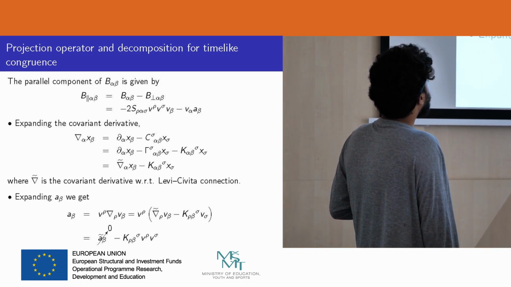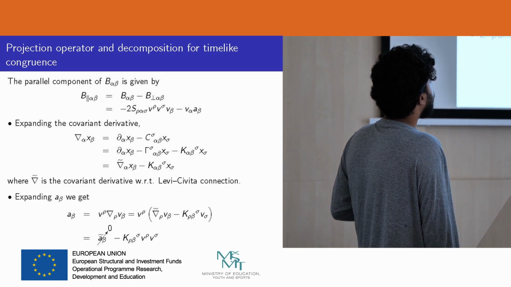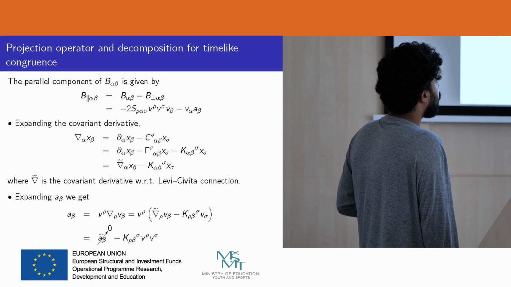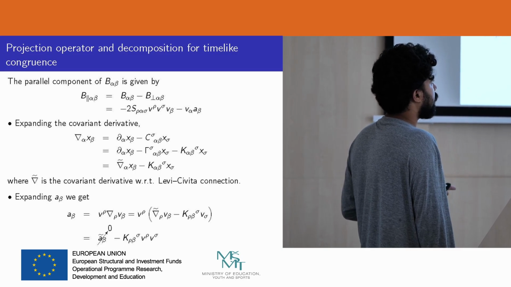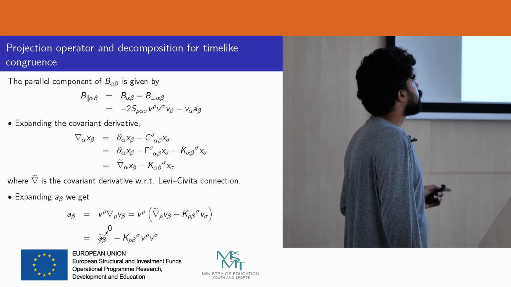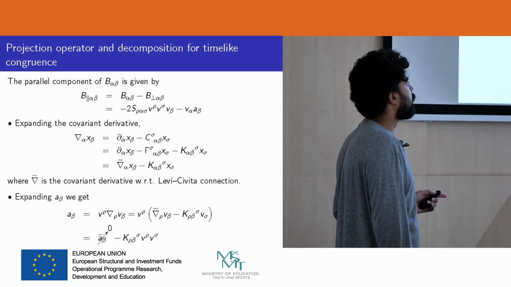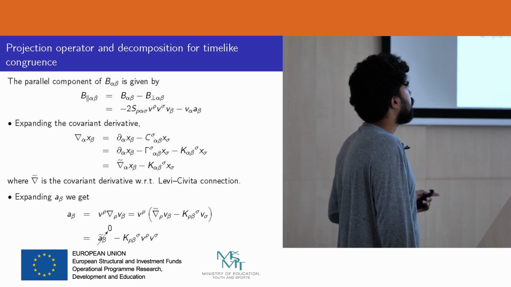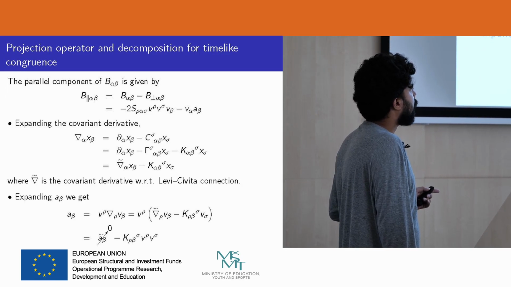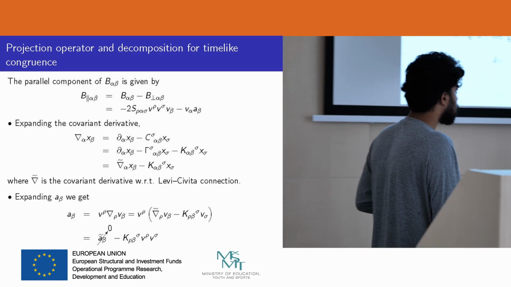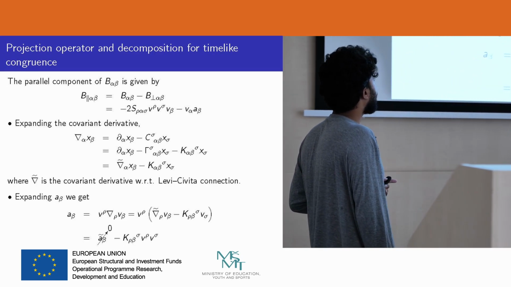And now let us expand the covariant derivative. So if we expand the covariant derivative, then we have to expand the generic connection C, which we can do by writing this Levi-Civita part and also the contortion part. Then we are here, and we can say that this nabla tilde is the covariant derivative with respect to the Levi-Civita connection.